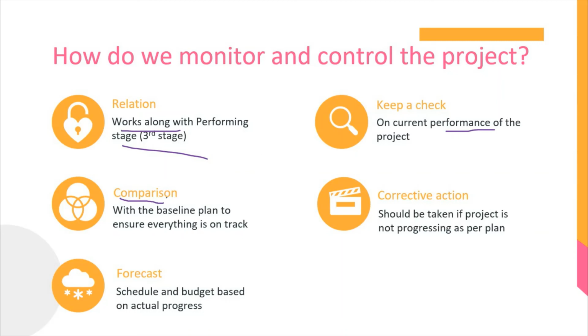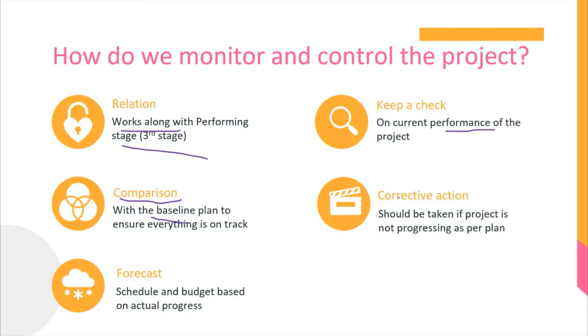Next is comparison. In this case, we already have a baseline plan. The project manager needs to compare the baseline plan with the current progress to see if we are on track or if we are delayed, and whether we are on track to meet the set schedule and set budget.